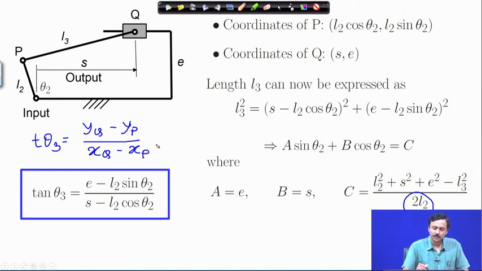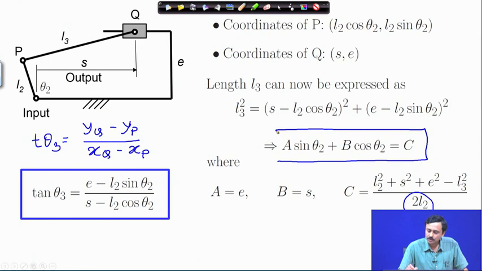If you substitute these expressions of y q, y p, x q, x p, then you will come to this expression. So, given S, we are going to solve this equation for theta 2. Once we have theta 2, we will substitute in here and solve for theta 3.